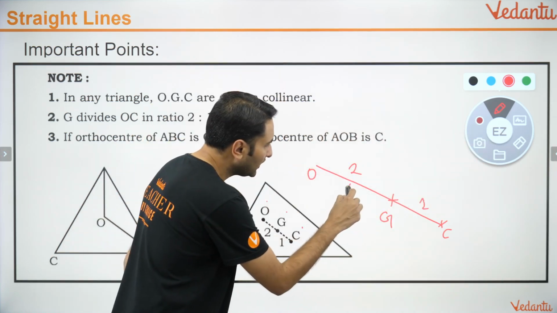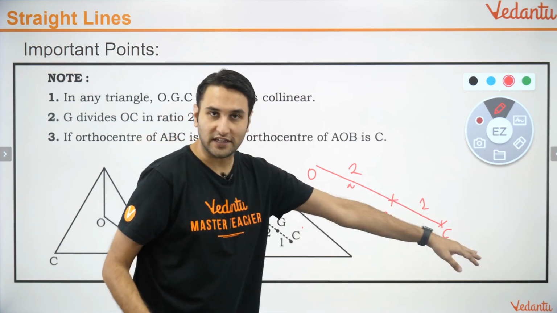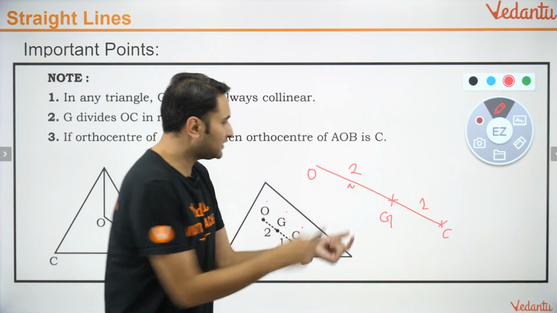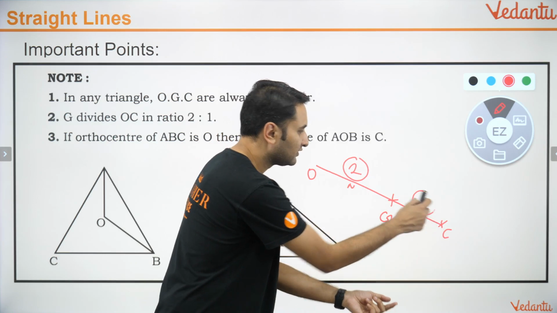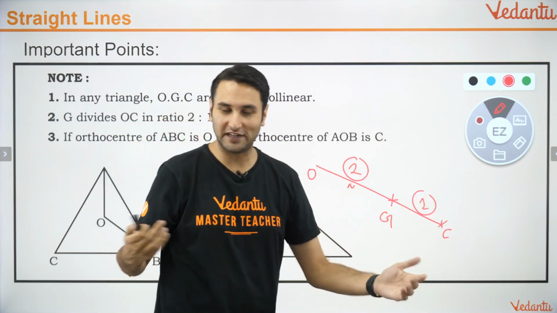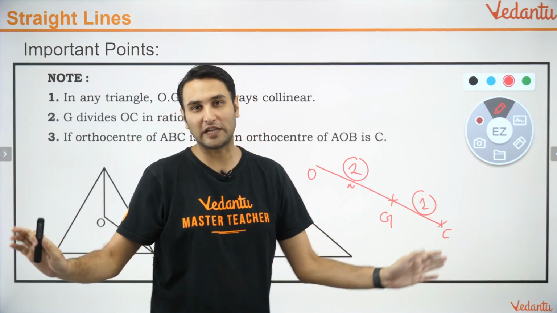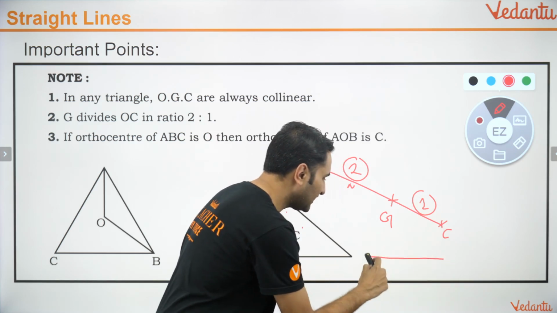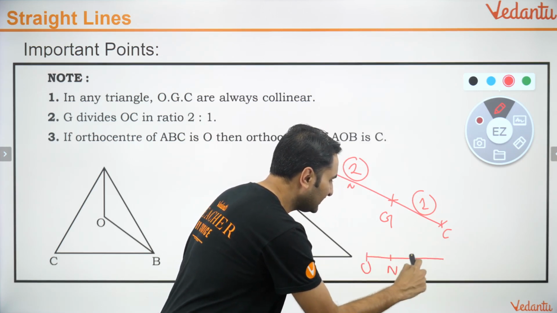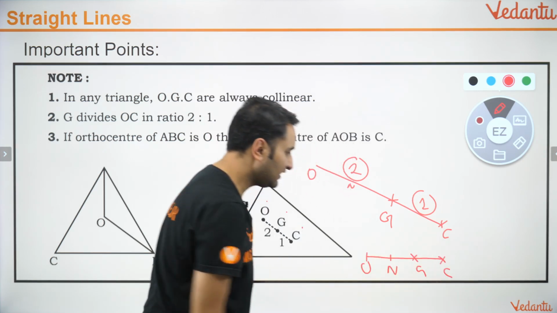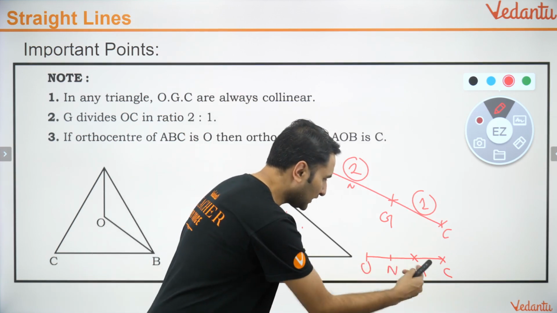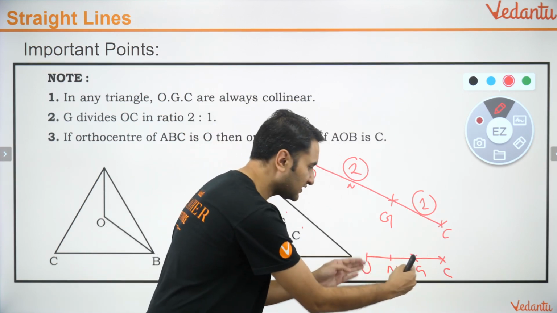ONGC. So बीच में N आ गया ना? It means this is 2, this is 1. I mean it's a very bad way to remember, but still you can remember it that way. मैंने कैसे remember किया? ONGC. ये N तो कुछ होता ही नहीं है. But this sort of shows that this distance is more.